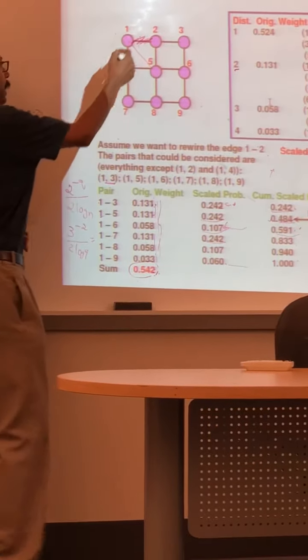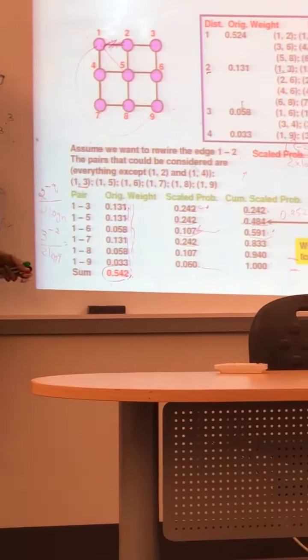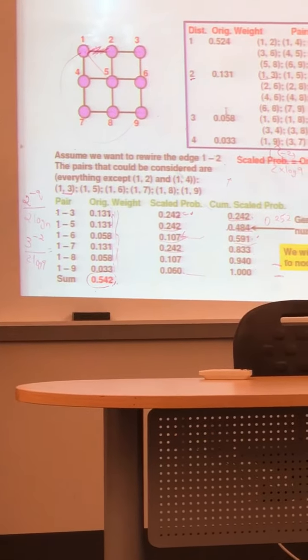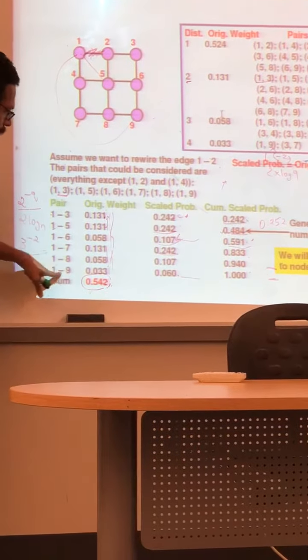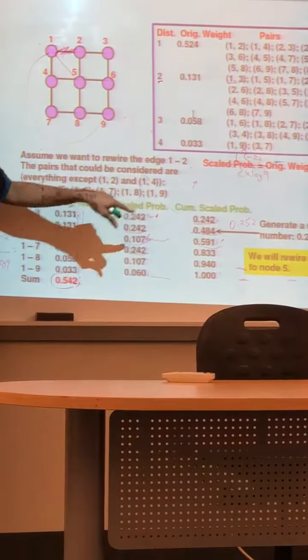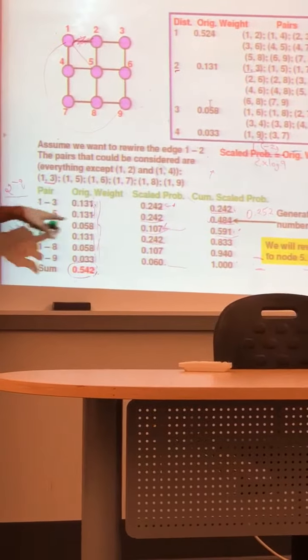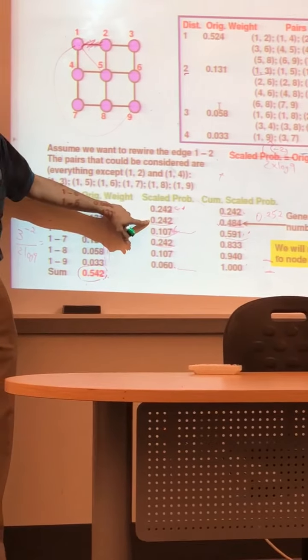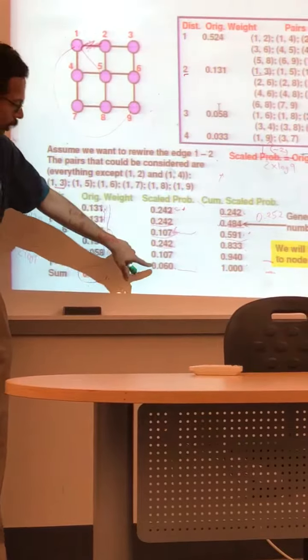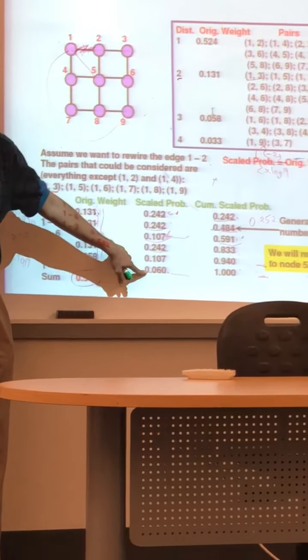You did not randomly end up connecting 1 and 9, which are farther away from each other. Because they are far from each other, they have a lower probability of getting an edge. Whereas 1, 5 is closer to 1, so it has almost four times the probability, 0.242 compared to 0.06 for 9.